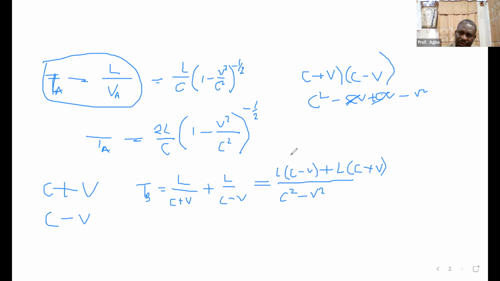Let's open up: we have LC minus LV plus LC plus LV. You can see that the negative here and positive here cancel, and what we have is 2LC, divided by C squared minus V squared.